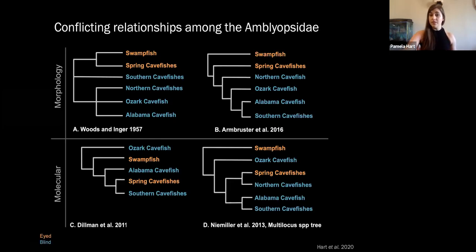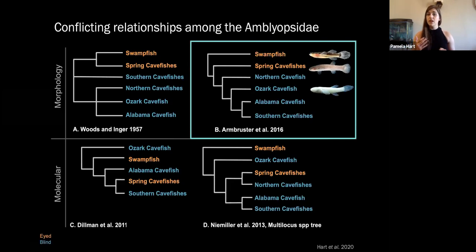And with these phylogenies, we come to our first ancestral eye state hypothesis. So how did they lose their eyes? Well, in this particular case, it is suggested that we have a progressive loss of eyes. So a stepwise loss from larger eyed fishes to small eyed fishes to no eyed fishes. And this stepwise loss is known as progressive regressionism.